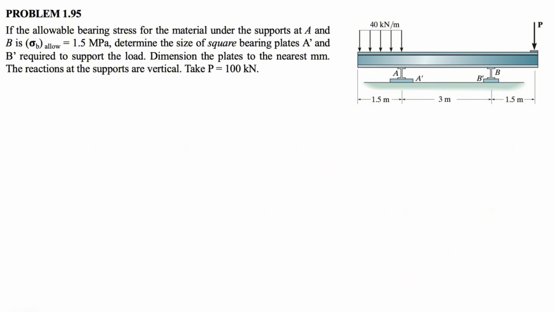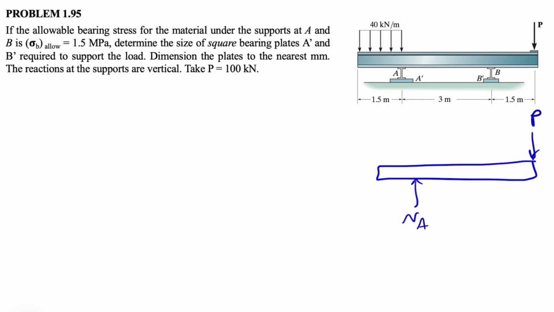First of all, we're going to start with the free body diagram of this beam. We have the force P at one end, and two normal forces at A and B. We can call this one NA and the other one NB. We have this distributed force that is symmetrical, so we can replace it with one single force that applies exactly in the middle.